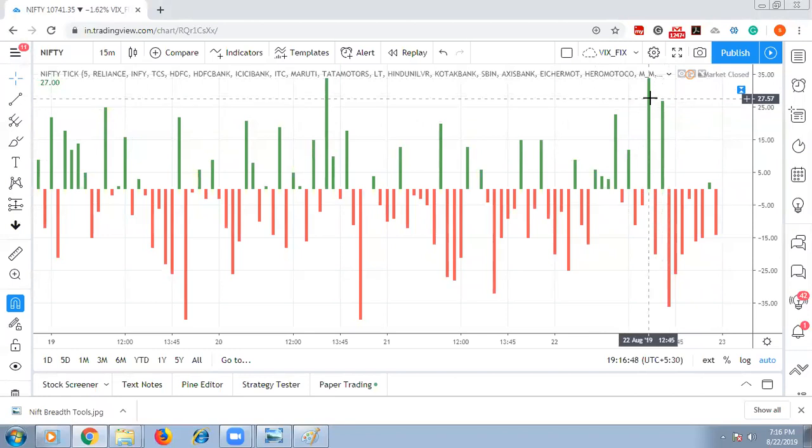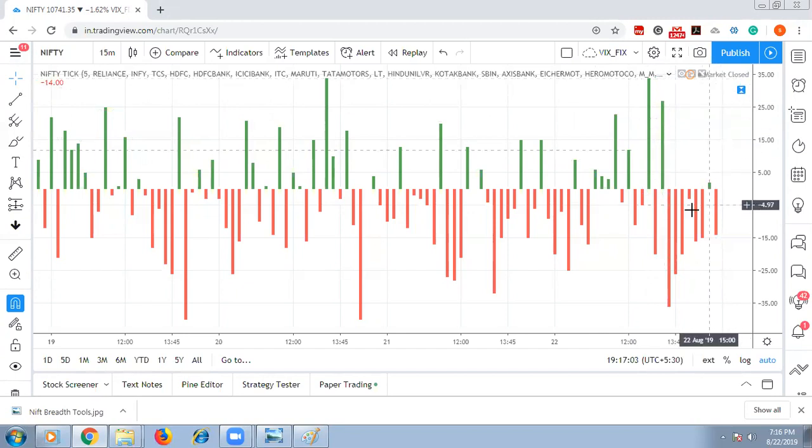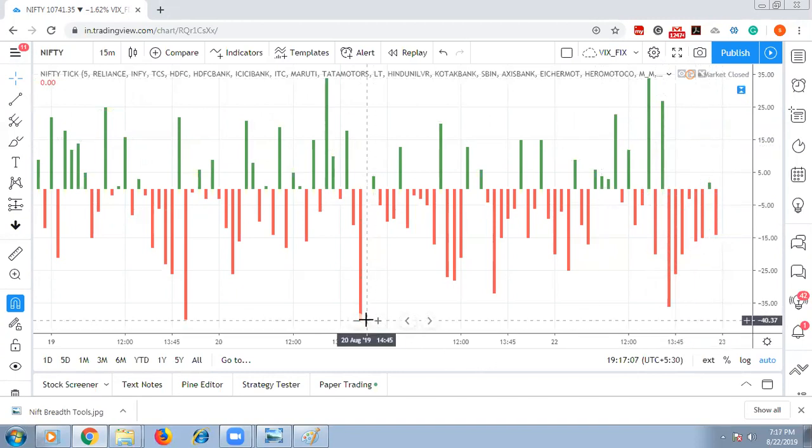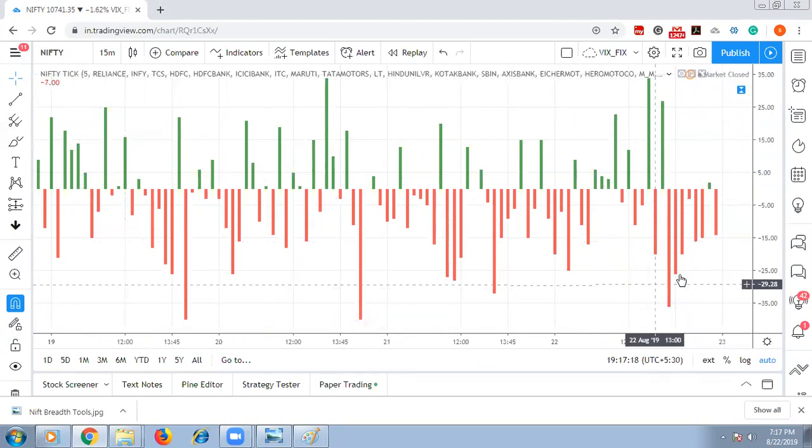If it is a green line, then here more than 40 stocks are moving in an upward direction. That's why the difference is 34. Here, if you see this point, there are around 45 stocks that are moving down. So that's why the difference is 40. Hope you understand this simple tool.